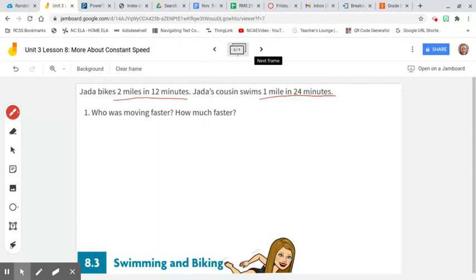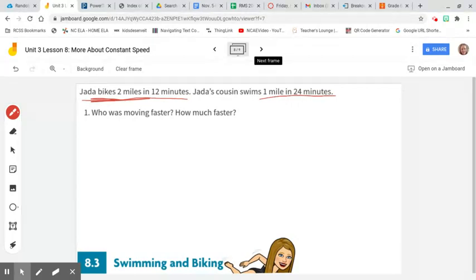Jada is also doing 2 miles in half the amount of time that her cousin can swim 1 mile. So it makes sense to say that Jada bikes faster than her cousin swims. But we have to figure out by how much. Okay?